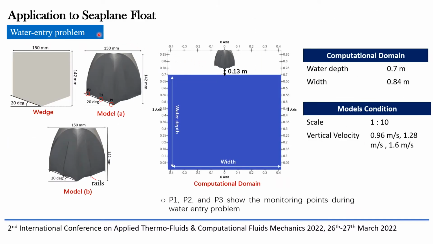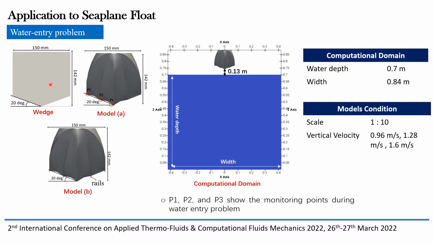Okay, next, this is the application to the seaplane float, and this is the water entry problem. This is the 1/10 scale model of the float in 2D because we do the simulation of the water entry problem in 2D. The general width here is 150 millimeters, the height is 142 millimeters, and the dead rise angle is 20 degrees generally.